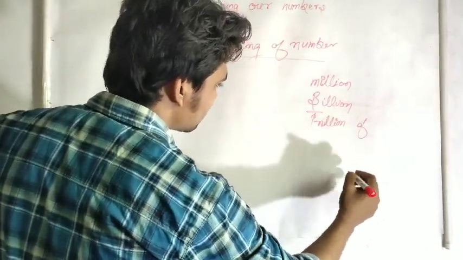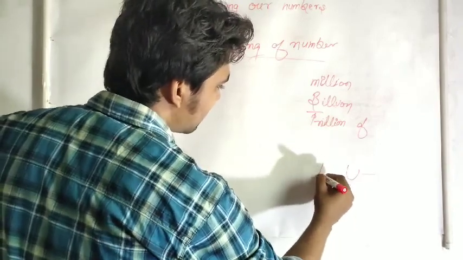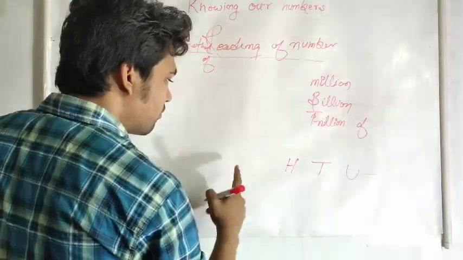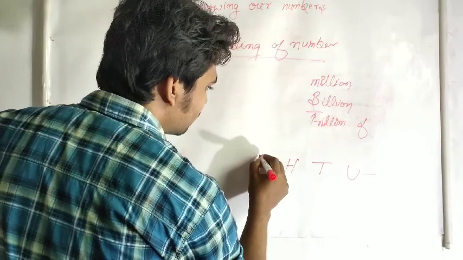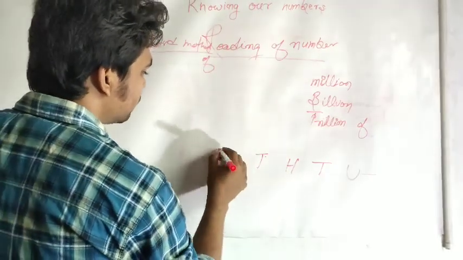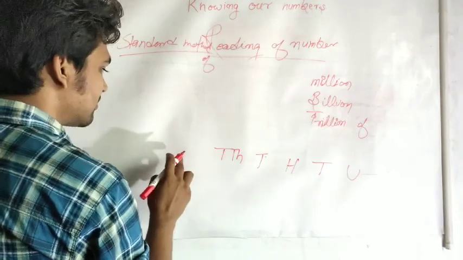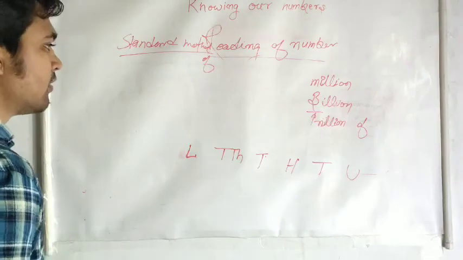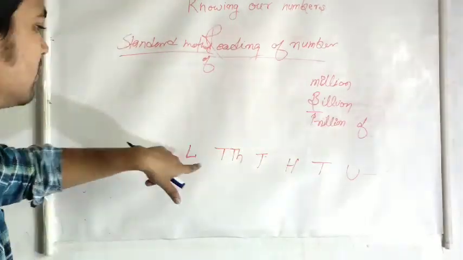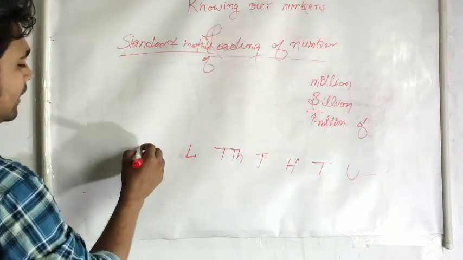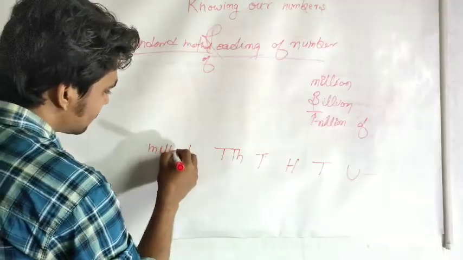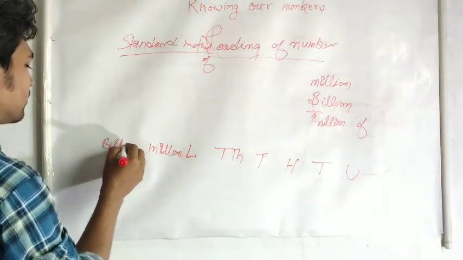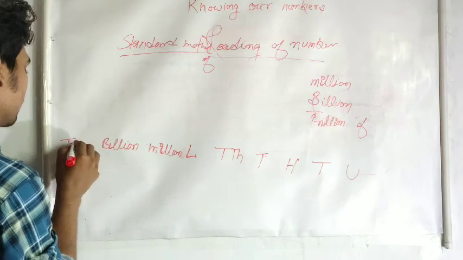When we read in the international or standard method, for the first place we use unit, for the second place tenth, for the third place 100, for the fourth place 1000, for the fifth place 10,000, for the sixth place lakh, and for the seventh place million, billion and trillion.